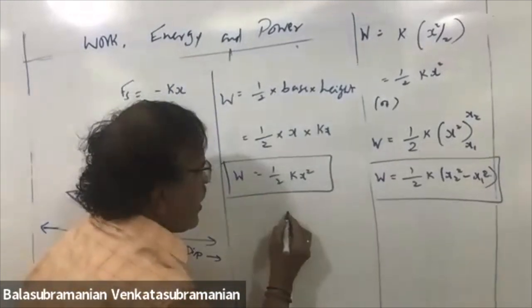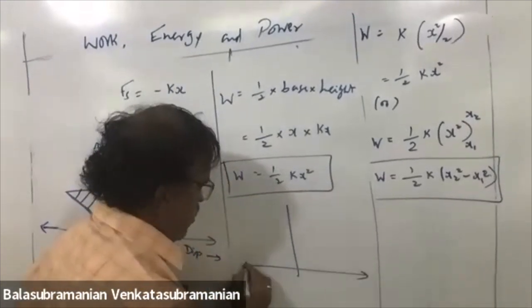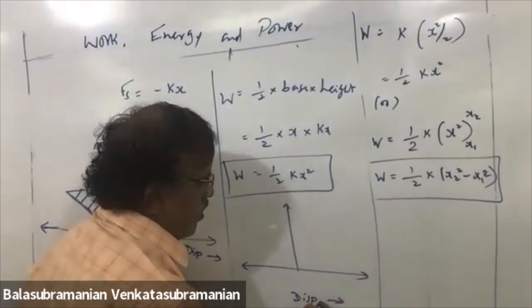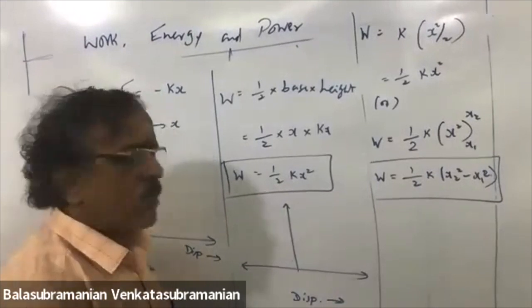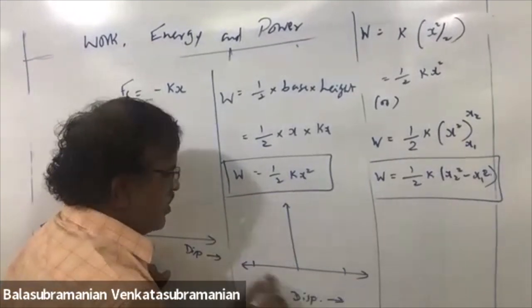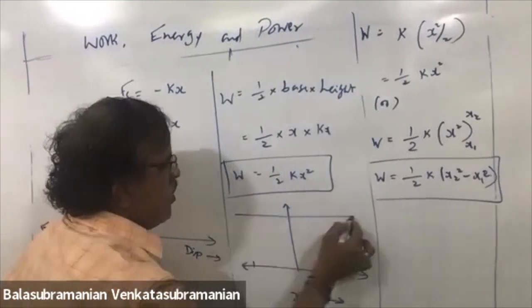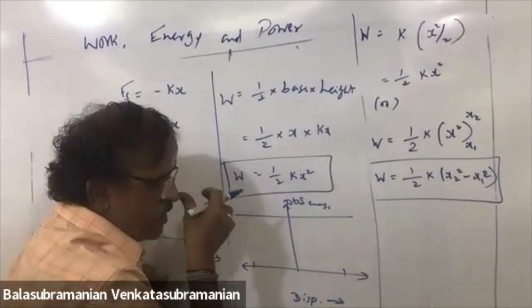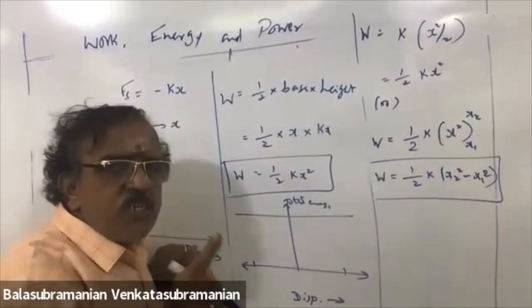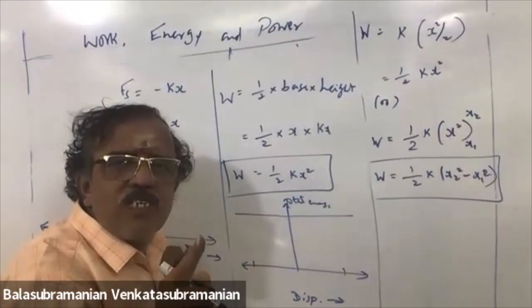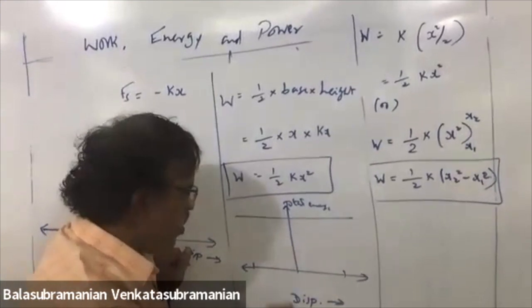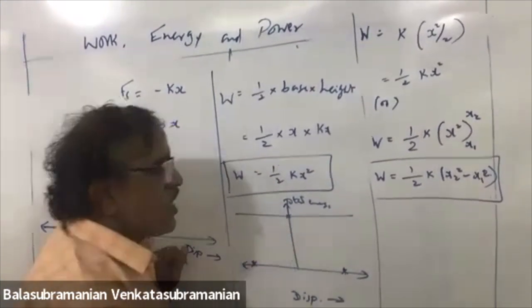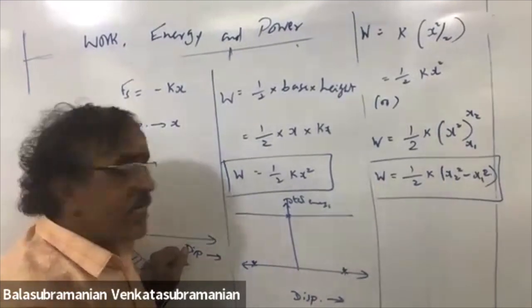So when you draw a graph, displacement, this is the extreme position. This is total energy. How will you represent? Extreme position, velocity, that is kinetic energy is 0. Mean position, potential energy is 0. Kinetic energy is maximum.